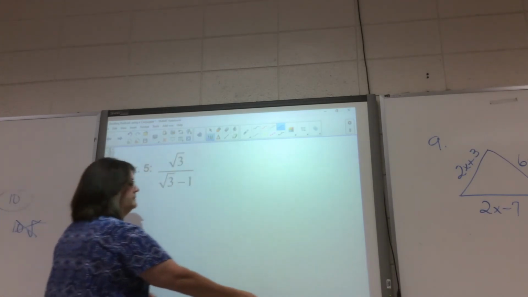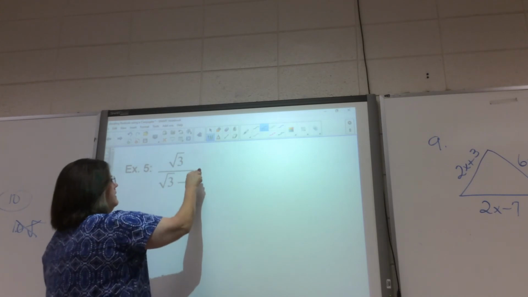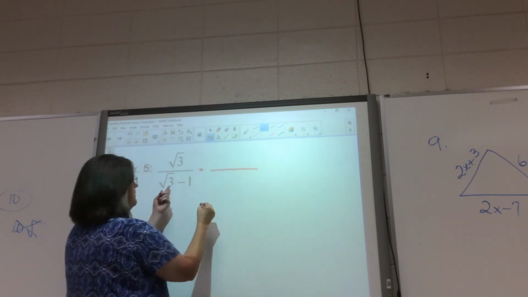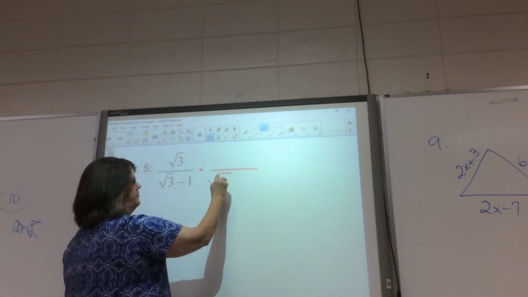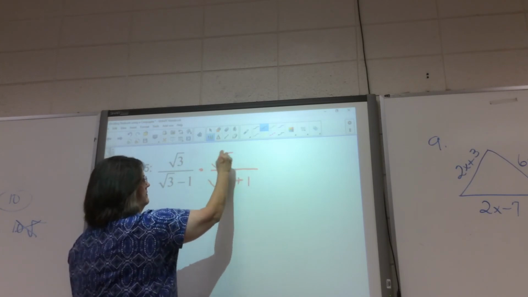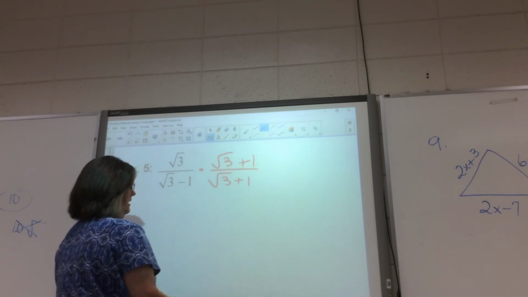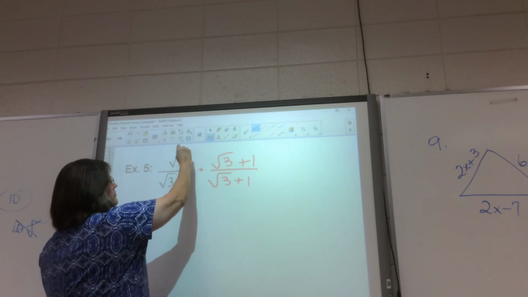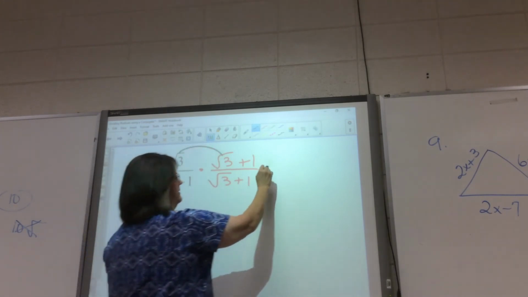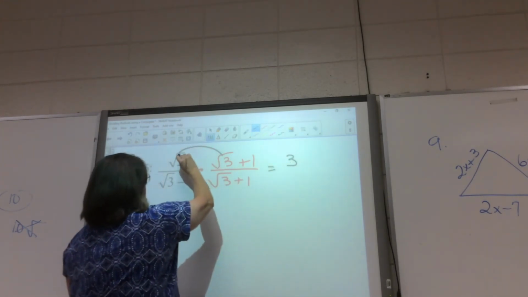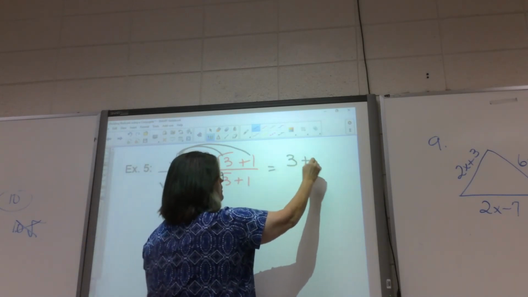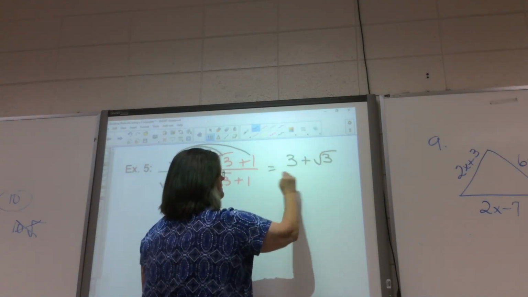Let's do one more. The conjugate of the square root of 3 minus 1 is the square root of 3 plus 1. Okay? The square root of 3 times the square root of 3 is 3. And then the square root of 3 times 1 is 1 times the square root of 3.